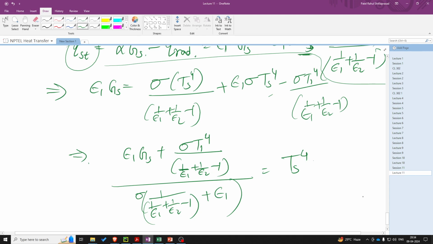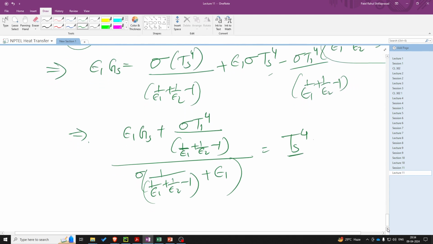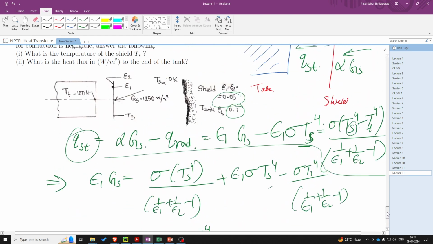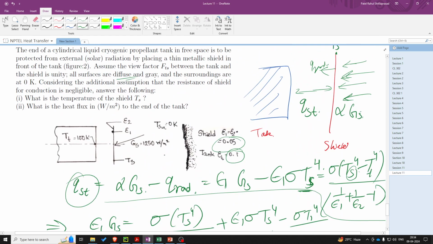So now you just need to put the values over here and then you can calculate the value of Ts. So epsilon 1 and for the tank, that is epsilon, for the shield, that is epsilon 1, we have been given it as 0.05.